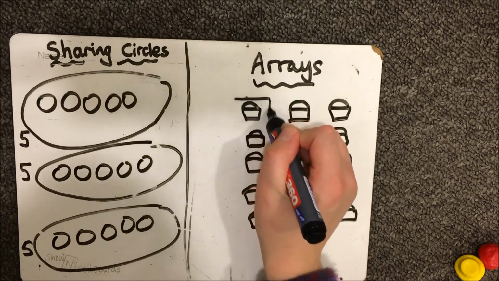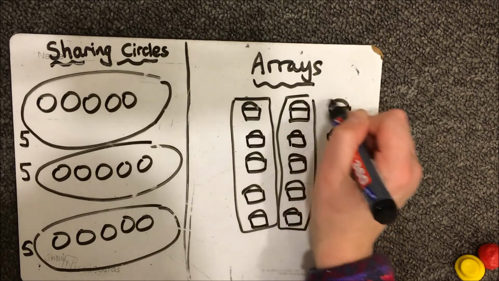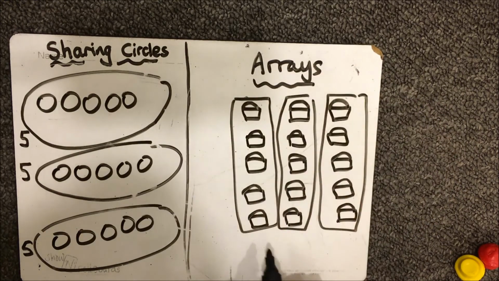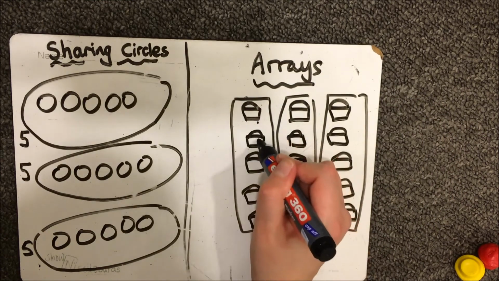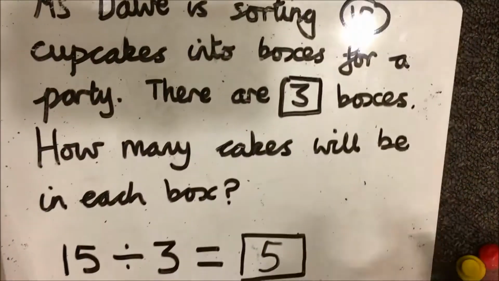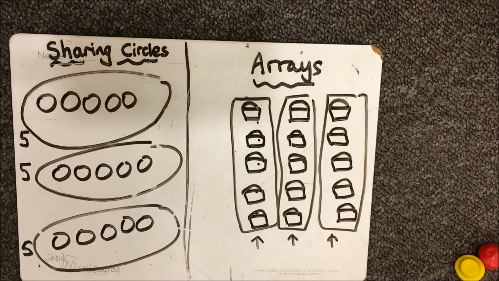This is 1 box, 2 boxes, 3 boxes. 15 put into 1, 2, 3 boxes is the same as 1, 2, 3, 4, 5. We want to know how many are in 1 box. It says how many cakes will be in each box. So we're finding out how many is in 1 box. Okay, did you get that?